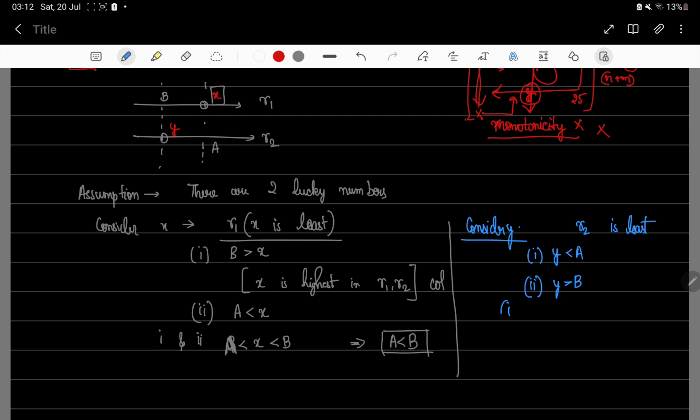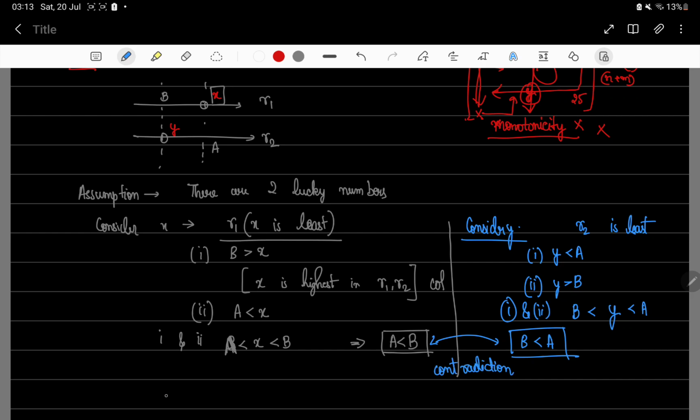Now combining 1 and 2, we see that y is less than a but greater than b, which means that b is less than a. Now these both things are in direct contradiction.